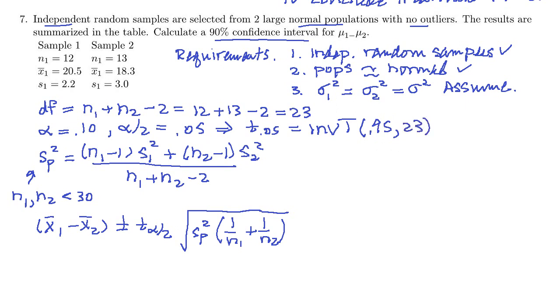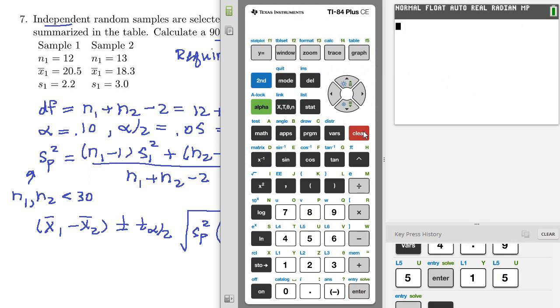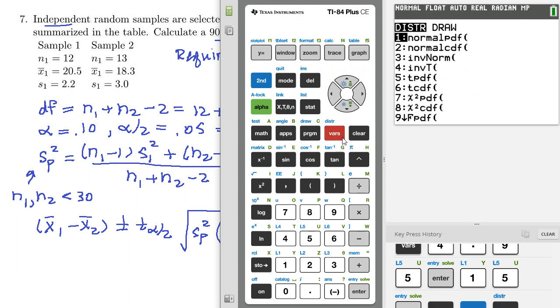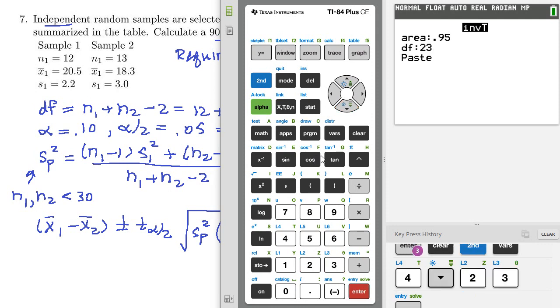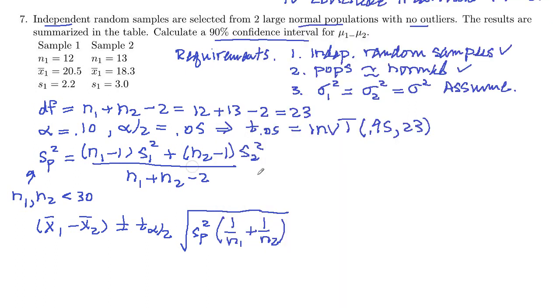Let's go ahead and figure that. So second variables, inverse t, number 4. Area is 0.95 again, and then our degrees of freedom, 23. So 1.7138. Let's go ahead and use the 1.71.